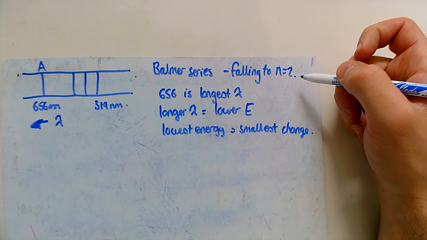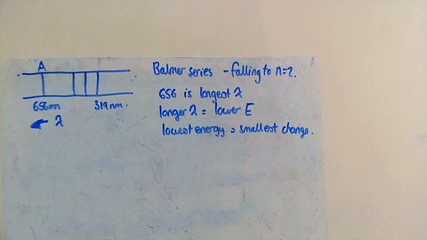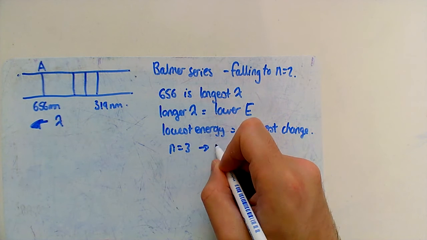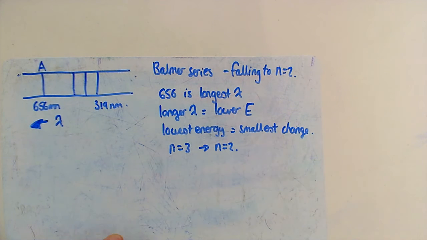So if we're at n equals 2 and we are falling, it has to be n equals 3 going to n equals 2 to have the lowest amount of energy. Now the next question was calculate the energy.